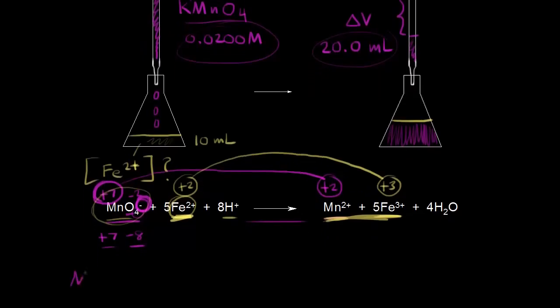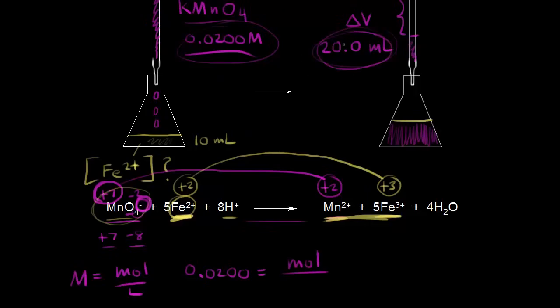All right, so let's get some more room down here. We know that molarity is equal to moles over liters. The molarity of permanganate is 0.02. So we have 0.02 for the concentration of permanganate ions. Moles is what we're solving for, and it took us 20 milliliters for our titration, which, if we move our decimal place 1, 2, 3, gives us 0.02 liters.